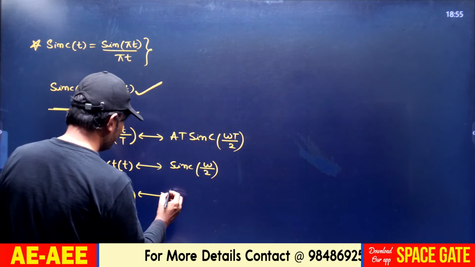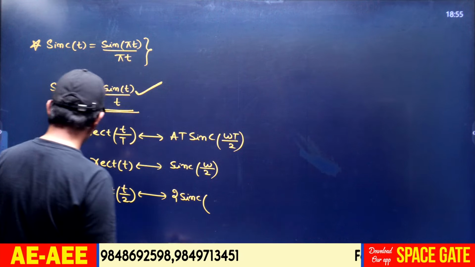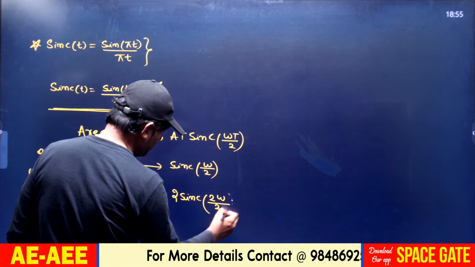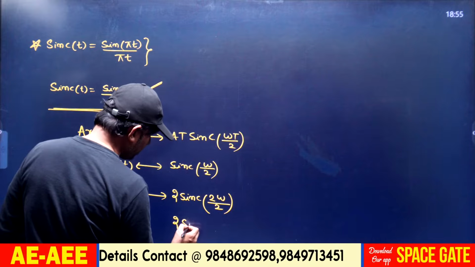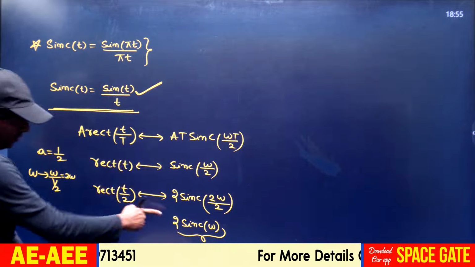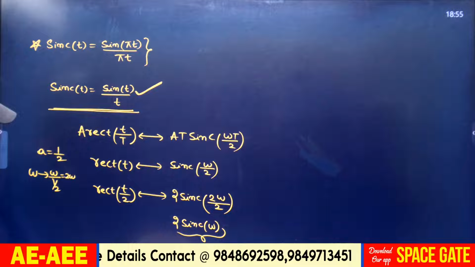So 1 by a means 2 sinc of 2 omega by 2. This is 2 sinc of omega. So this must definitely be there. 2 sinc of omega, right?